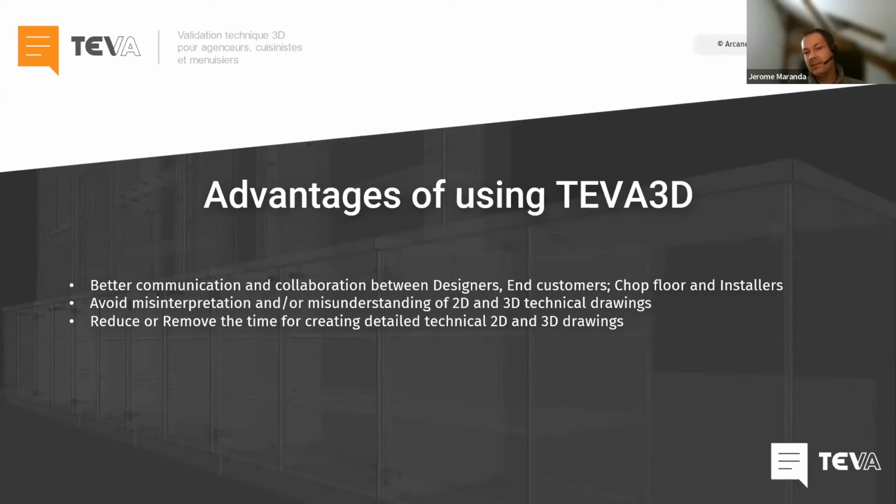So we see here in France basically 60% of the time to produce a project from A to sending it to the CNC machine will be to design the project in 3D, and maybe 40% will be just to create those detailed technical drawings.